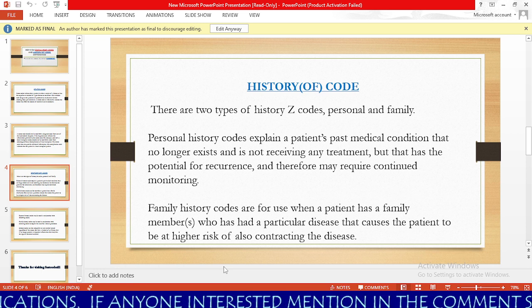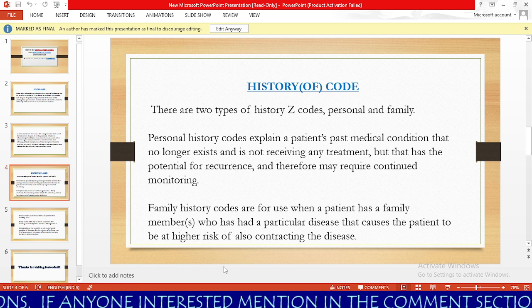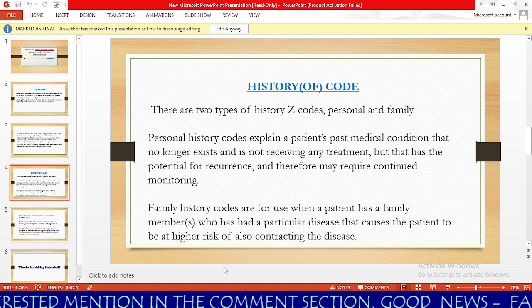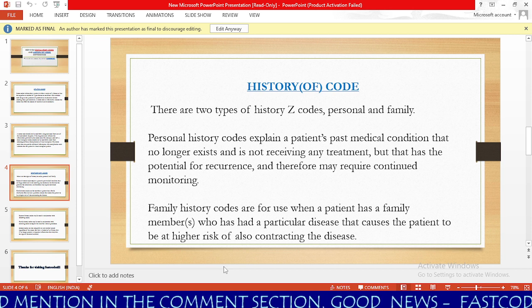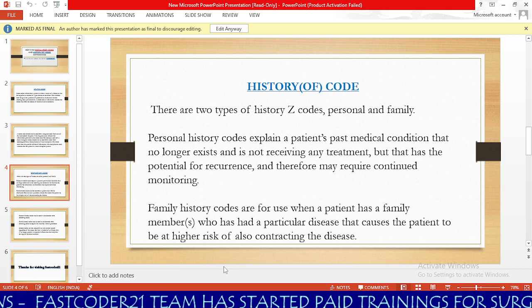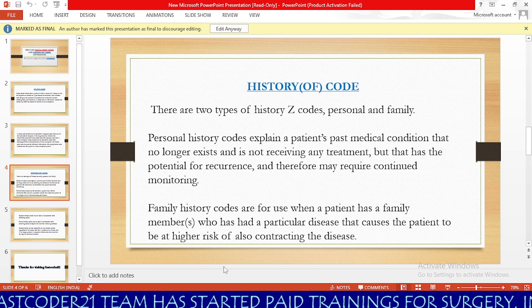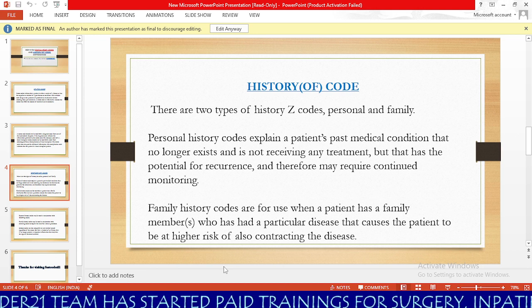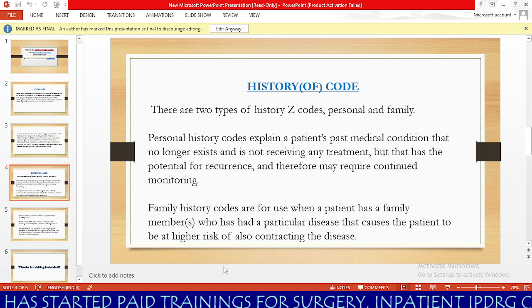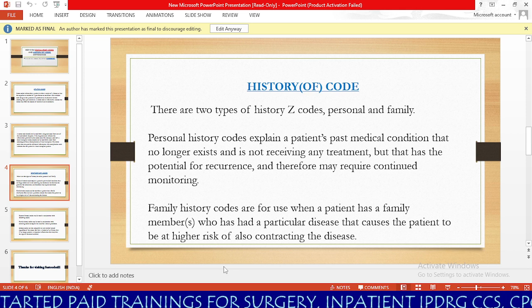So the patient had undergone breast cancer treatment by mastectomy. So currently, the patient does not have any implants or any type of complications. So now we will code a history code, as here the patient currently does not have any type of breast cancer, as the patient had undergone breast cancer treatment by mastectomy.